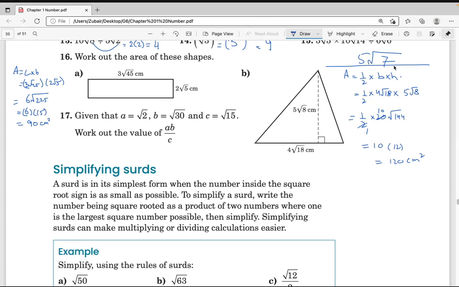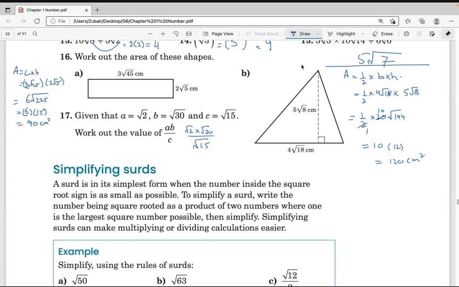Question number 17. Given that A is this, B is this, C is square root 15, work out the values. We just put the values. It will be 2 into 30, so it will be 60, 60 over 15.